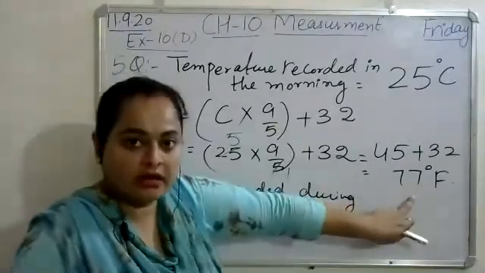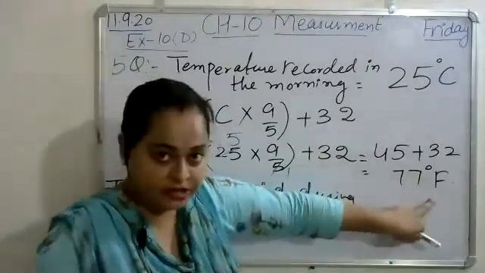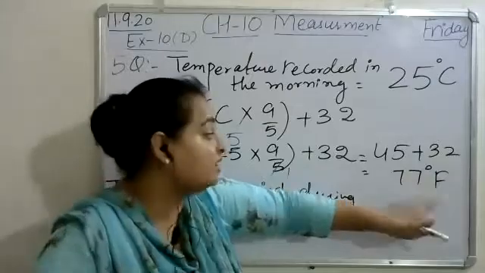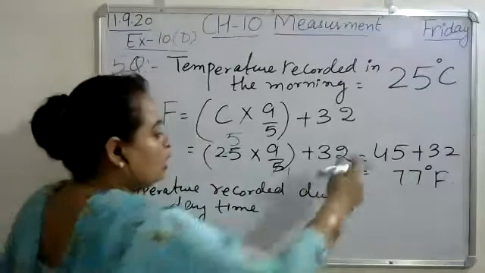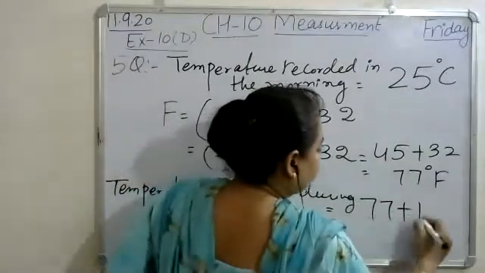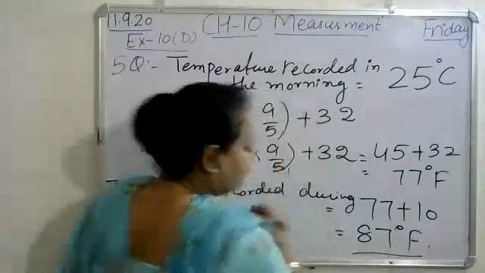In the morning, the temperature was 77 degrees Fahrenheit, but during the day this temperature increased by 10. So 77 plus 10, 87 degrees Fahrenheit is your final result.